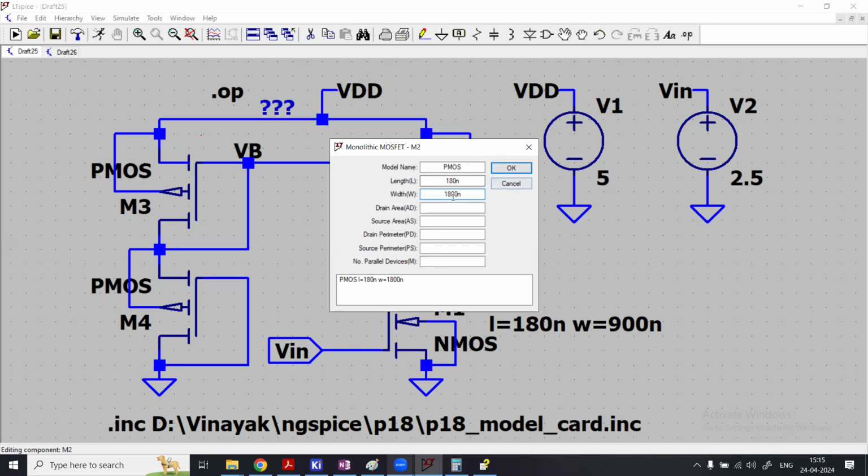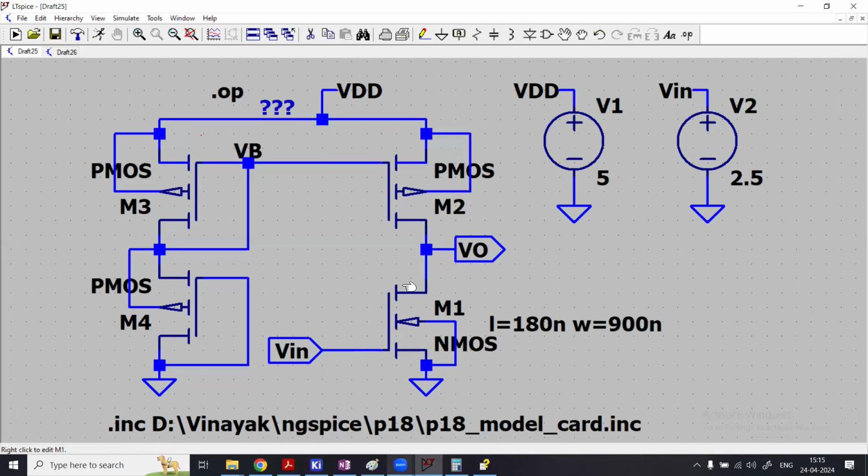So remember, W of NMOS is 900 nano, lengths are same. So why is this? Because the mobility of charge carriers in NMOS, which are electrons, is twice that of the mobility of charge carriers, which are holes in PMOS. In other words, the mobility of PMOS charge carriers, that is holes, is half that of charge carriers of NMOS.